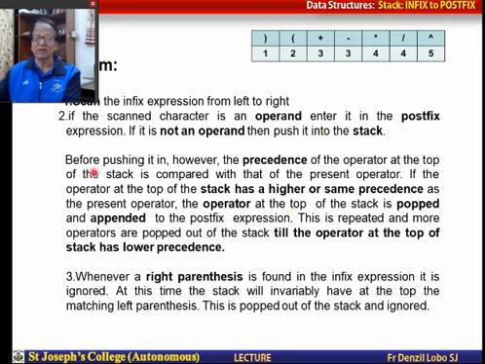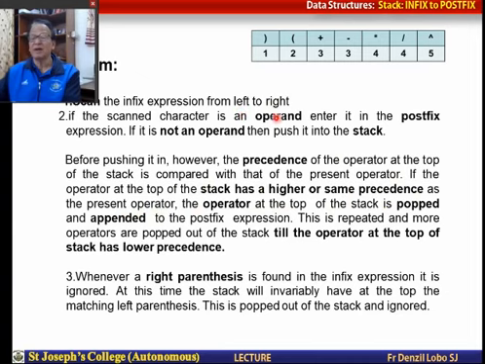So as it says, before pushing the incoming operator onto the stack, you check the precedence of the operator at the top of the stack. If the operator at the top of the stack has higher or the same precedence as the incoming operator, then the operator at the top of the stack is popped and appended to the postfix.